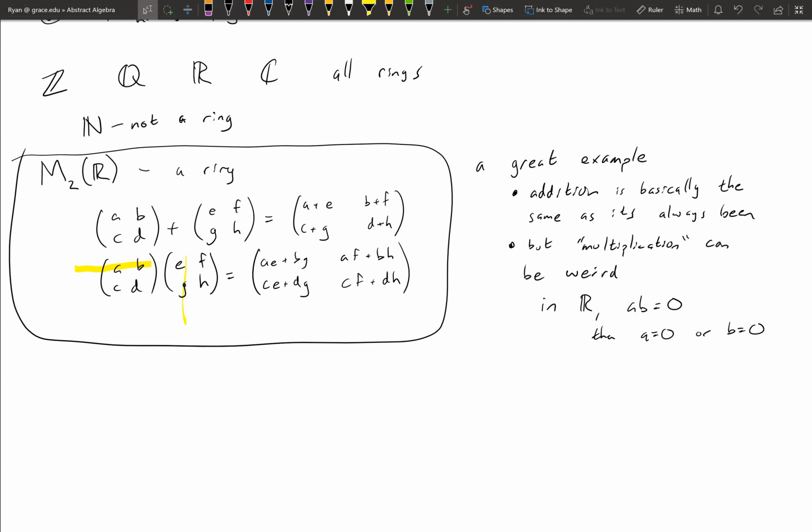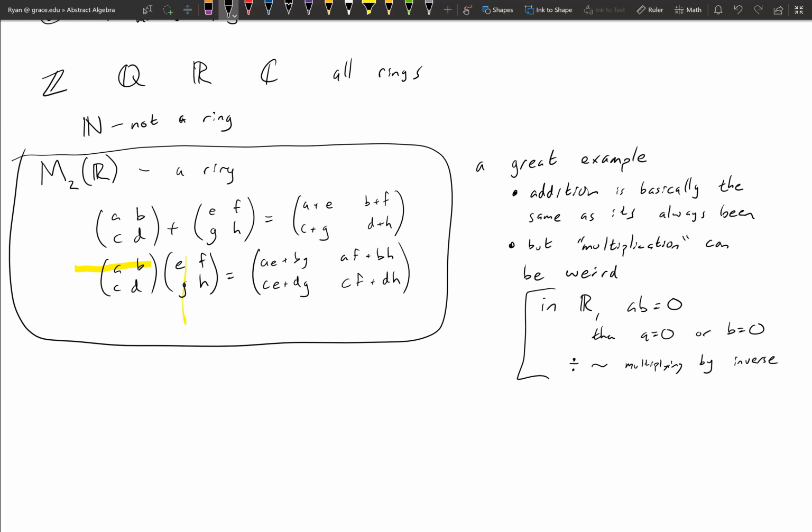And you have division, which is basically like multiplying by an inverse. So this is true in the real numbers. It's not true in the 2 by 2 matrices.